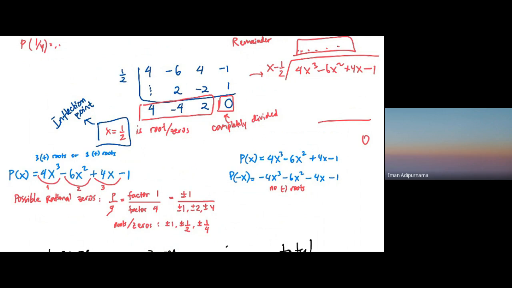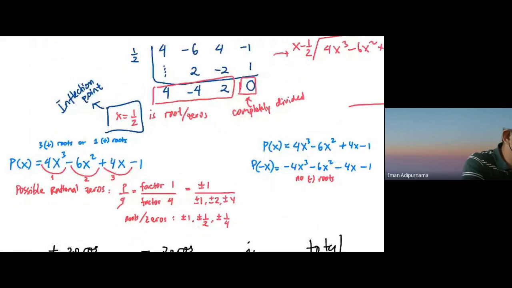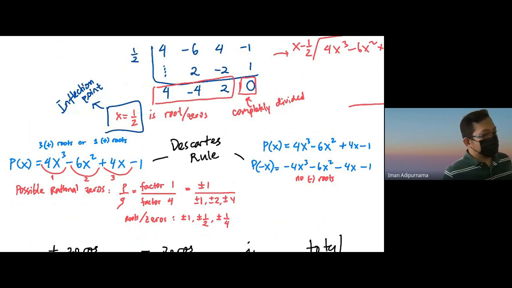So that's a little bit of additional things about polynomials. And this method here is called Descartes' rule. I think this is helpful.